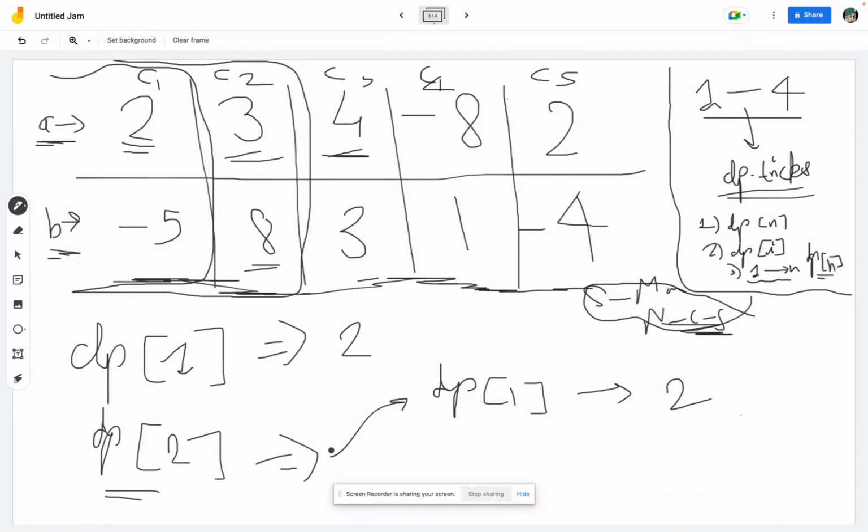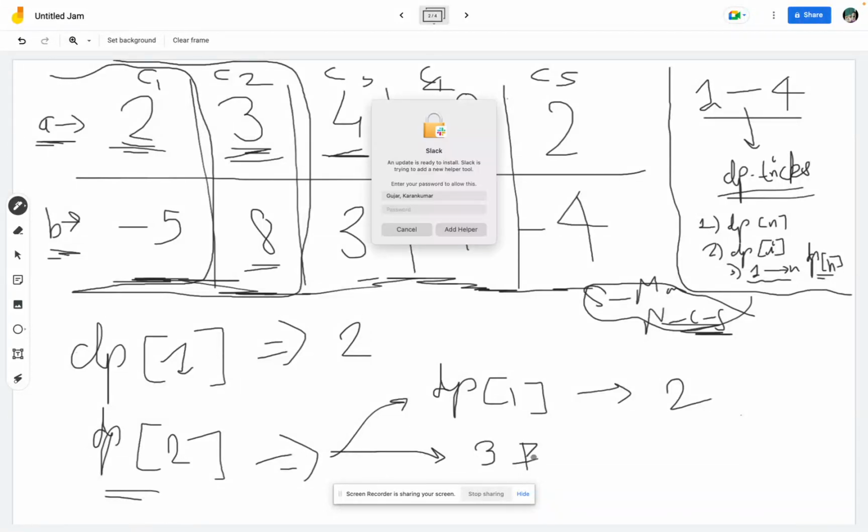The second option is I try to involve 3 and 8. So let me involve 3. If I involve 3, the answer will be 3 plus nothing, because once I use 3, I cannot use 2 nor 5 because they are both adjacent to 3, nor can I use 8. So the answer is only 3.